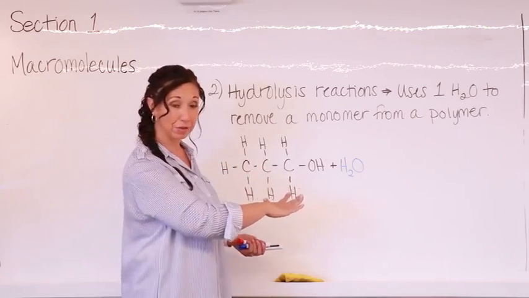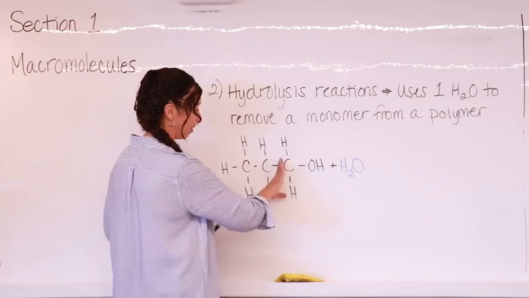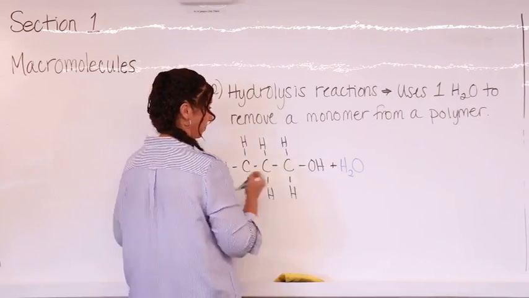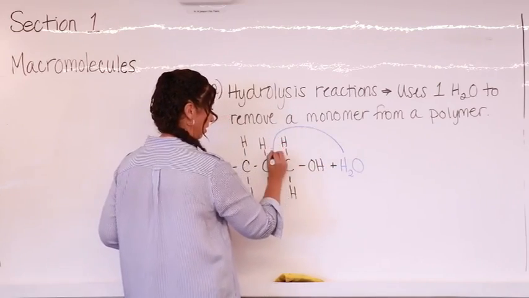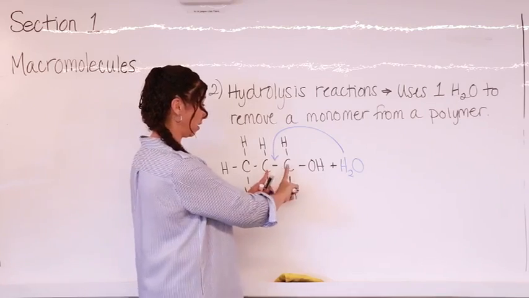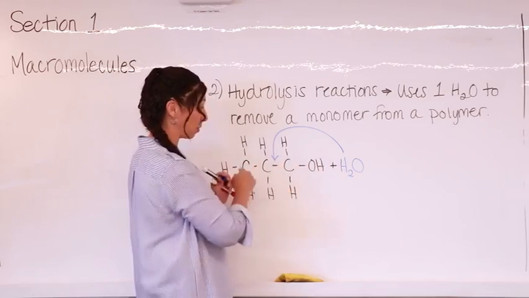In this example, it doesn't really matter. So let's go ahead and cut right here. Let's cut this tail end guy right off here. So this molecule of water is going to go in and lyse, break up the bond between this part of the polymer and this part of the polymer.